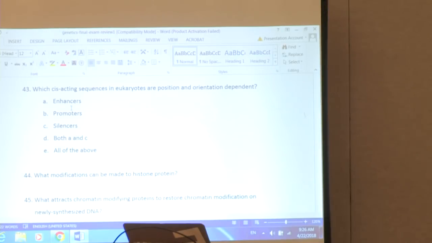So now we're asking ourselves, what modifications can be made to histone proteins? It can add something to it, or maybe remove something from it.